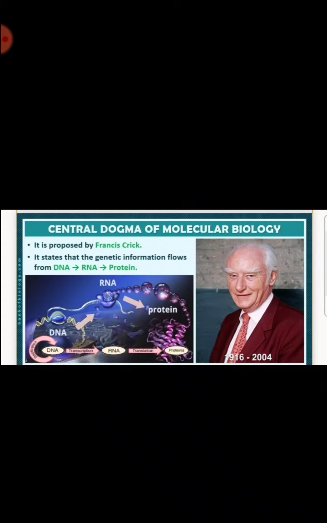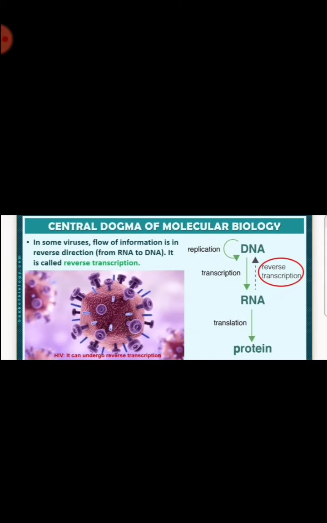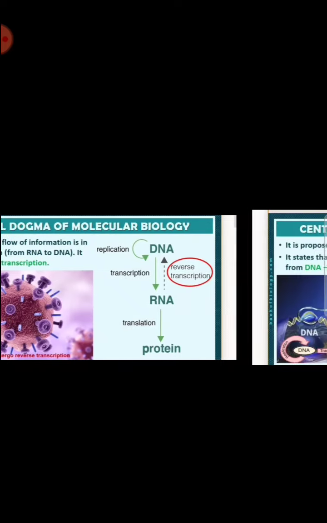This process was proposed by Francis Crick. It states that genetic information flows from DNA to RNA and from RNA to protein. In some viruses, this flow of information is in the reverse direction, that is, from RNA to DNA. That is reverse transcription.